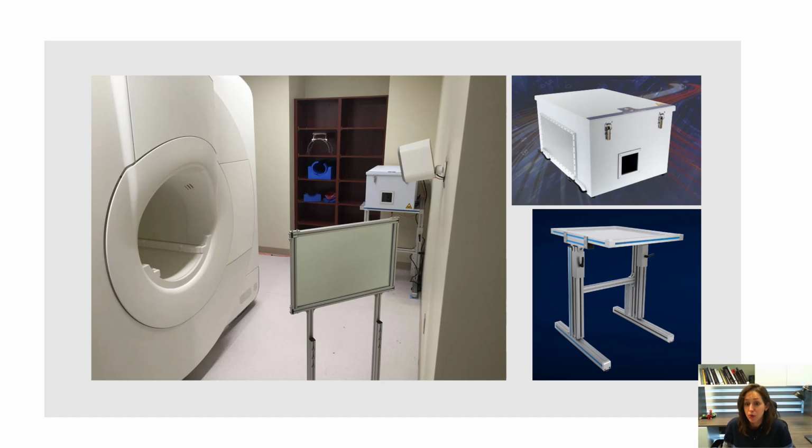When the MRI room is sufficiently large and that 100 Gauss line is far enough away from the back walls, the ProPix can be installed directly inside the magnet room, inside the Shield Pix, as pictured right here.